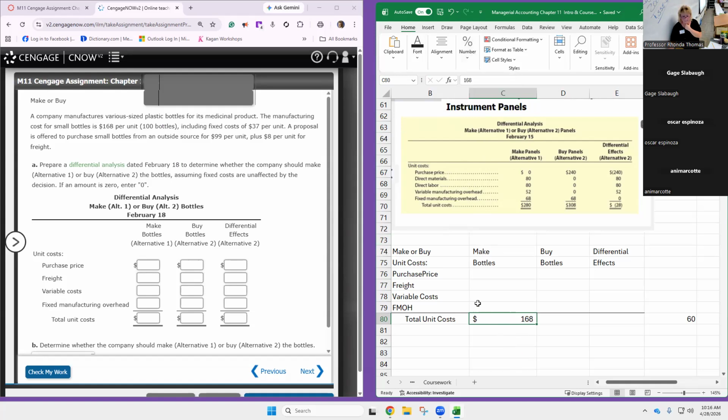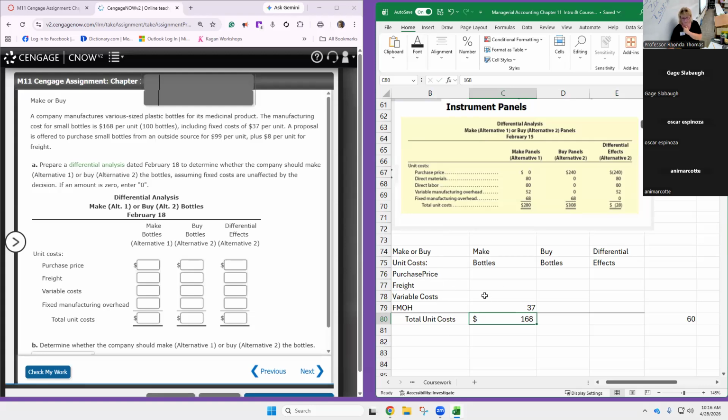All right. And then they said something about the fixed part of making the bottles. So $37 a unit. And by the way, we're trying to get to a unit cost that it costs us to make these bottles. So I'm going to put 37. Now remember, these are all costs, so we're just putting them in as positive numbers.